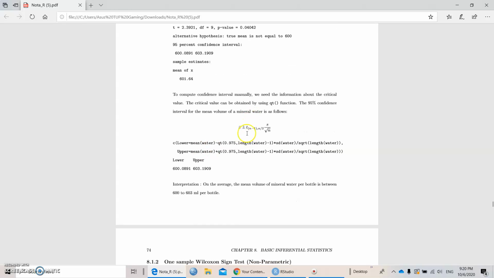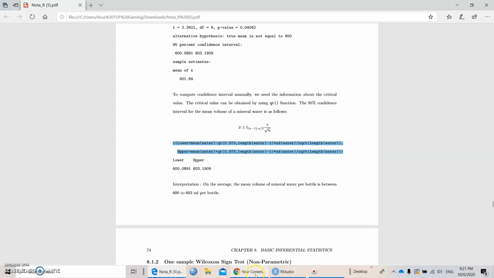You can also construct the confidence interval, the lower and the upper limit, and you will get the same thing using this formulation. I just copy paste this one because I want the lower and upper limit in vector form.